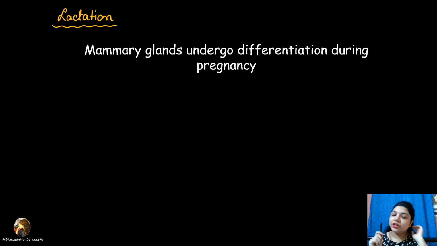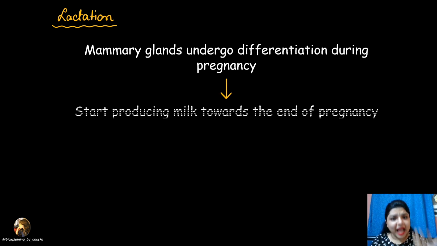From there you can learn about the structure of the mammary glands and how milk is produced. The mammary glands undergo differentiation during pregnancy and start secreting milk towards the very end of pregnancy.